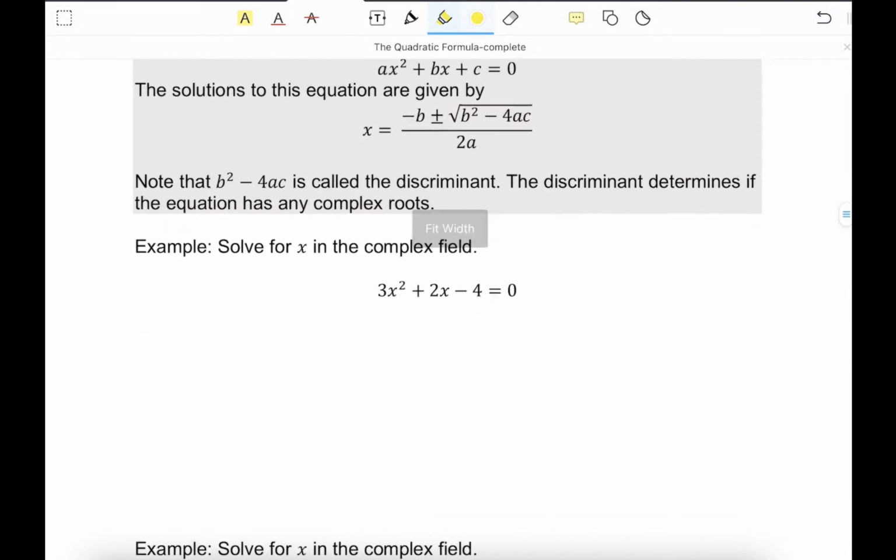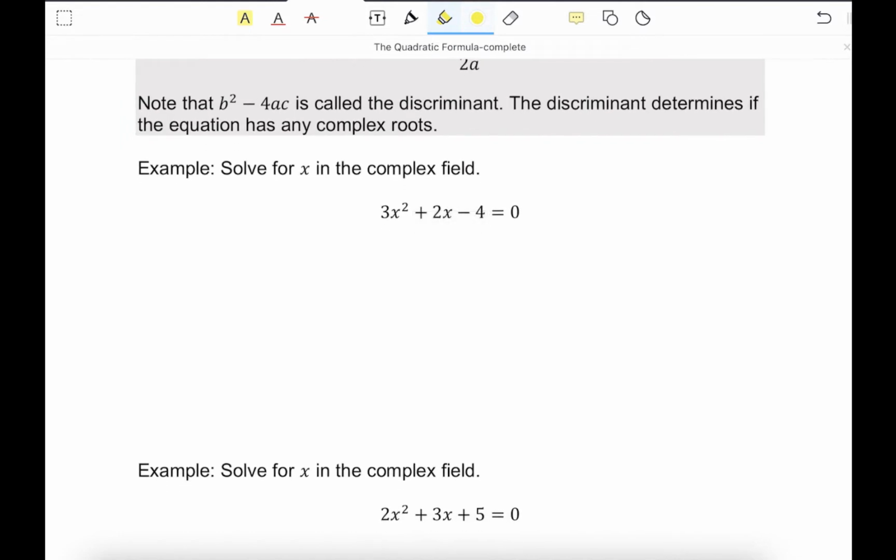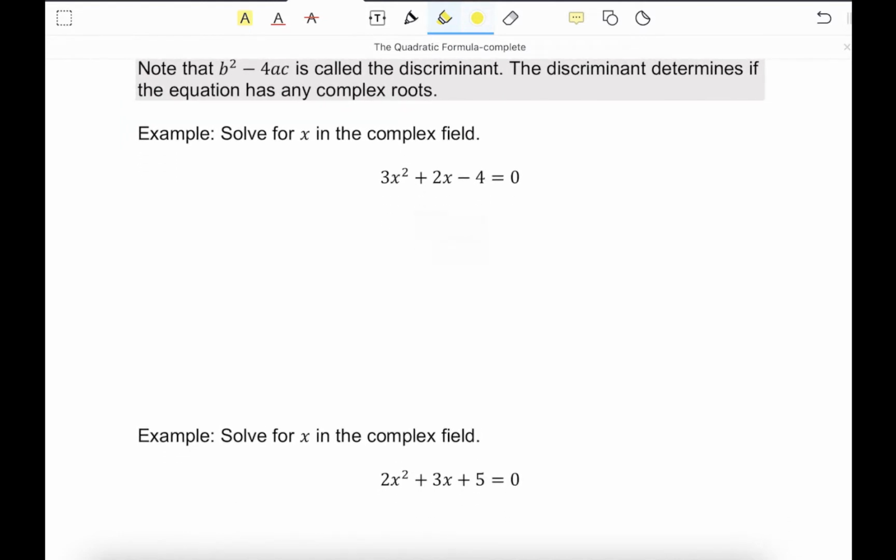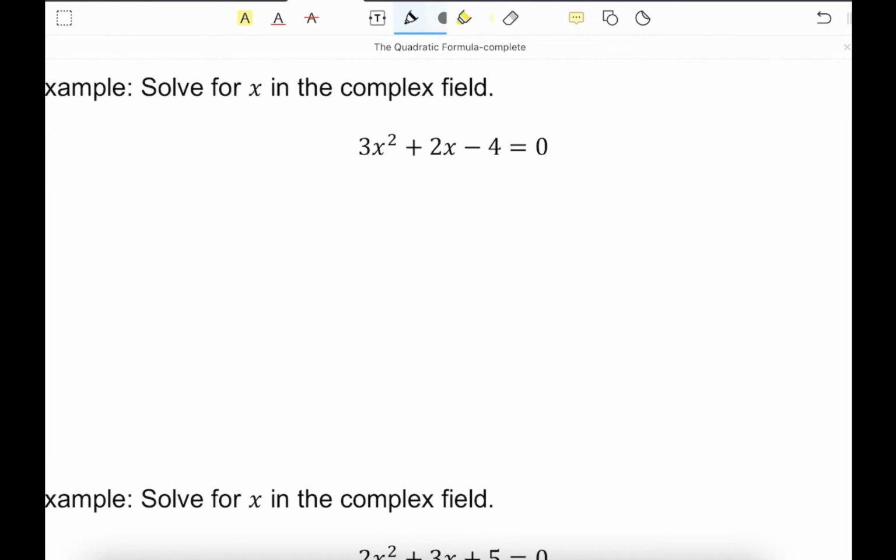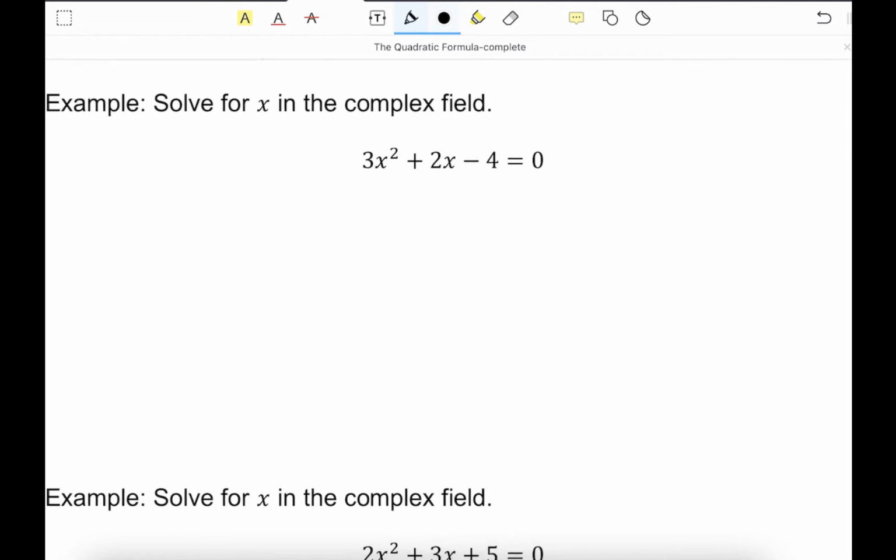So let's use the quadratic formula in order to solve some quadratic equations. For this one here, we have 3x squared plus 2x minus 4. So we have a is 3, b is 2, and c is negative 4.